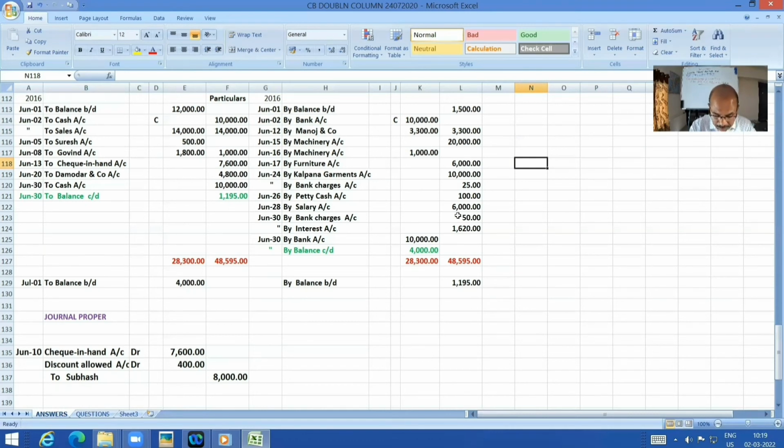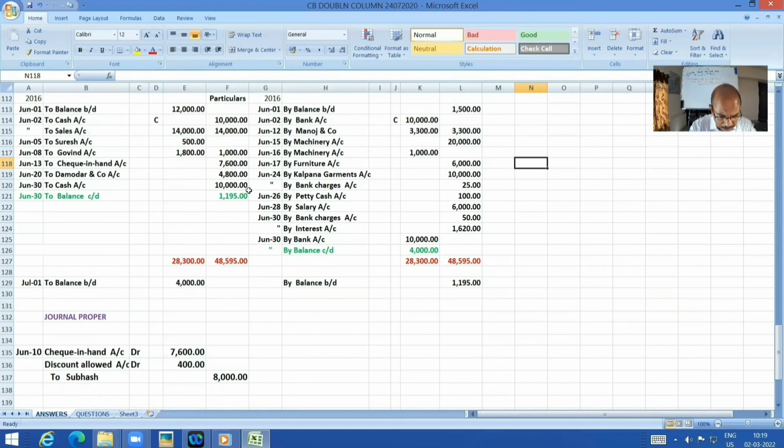Received a bank draft, rupees 4,800, from Damodar and company in full settlement of rupees 5,000 due from them. Yes, send the draft to the bank. Practically, the sentence can be reframed that a check received from Damodar and company, check or draft one and the same for accounting purposes, to the extent of 4,800 has been deposited into the bank. So bank to Damodar and company, how much? 4,800. Then you may ask, what about the difference of 200?